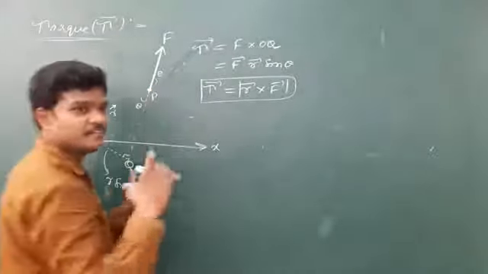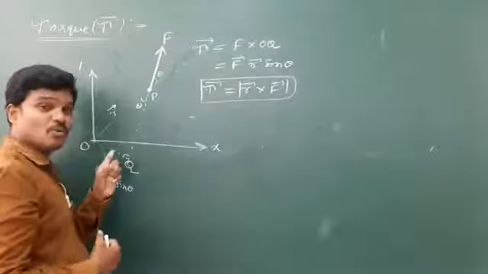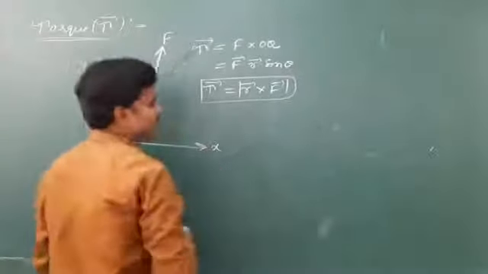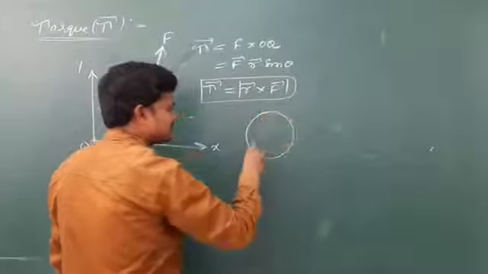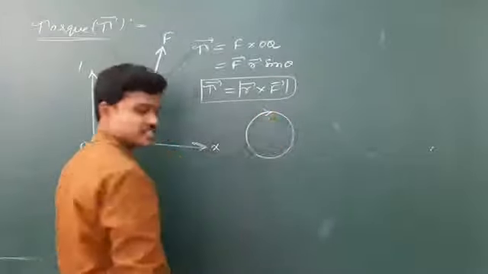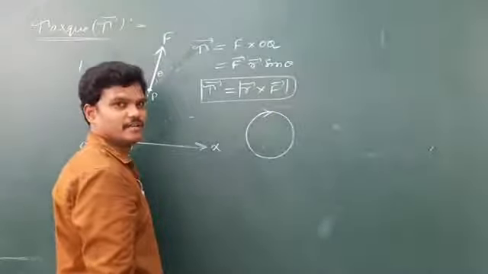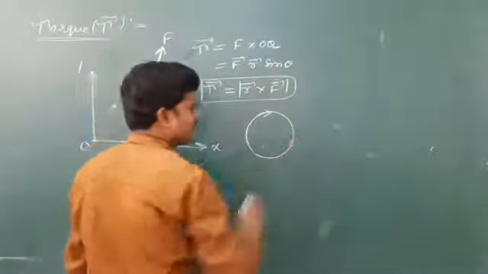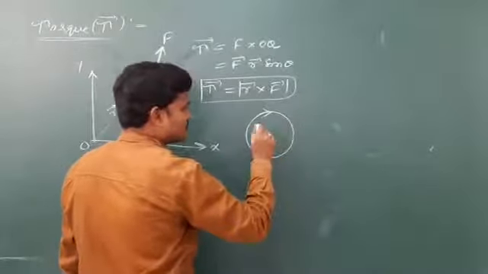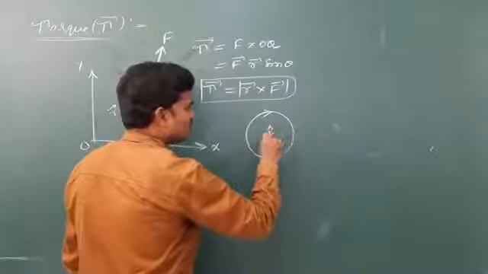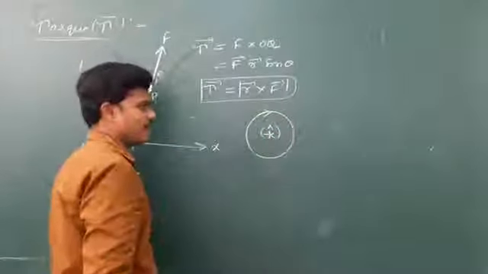So identify the direction about this point O. In the simplest way, if the body rotates in clockwise direction in the xy plane, then the direction of torque is into the board. Into the board means minus k cap.